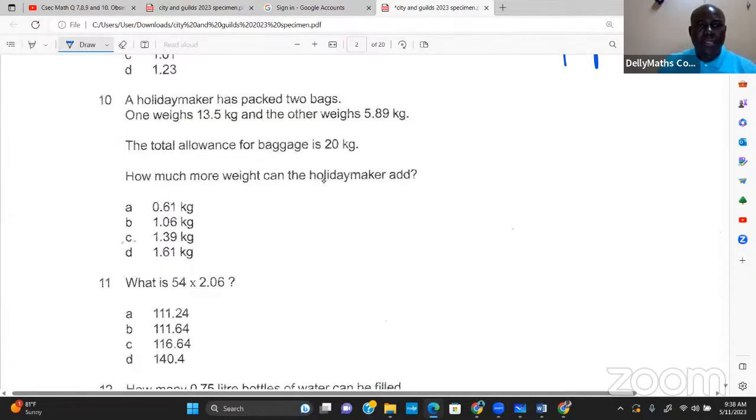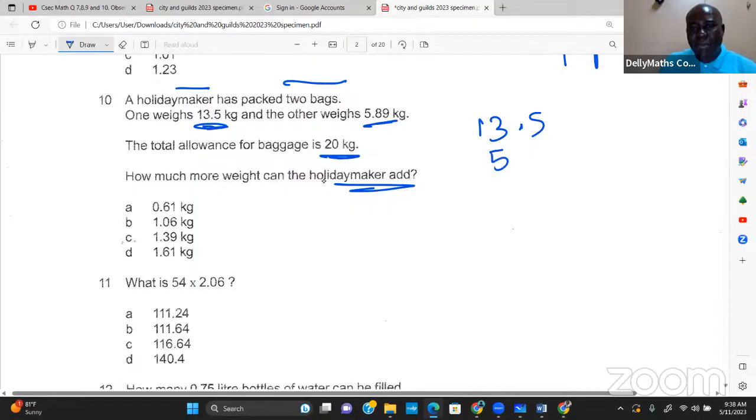A holiday maker has packed 2 bags. One weighs 13.5 and the other weighs 5.89. The total is this. How much more can they add? So we want to add these.